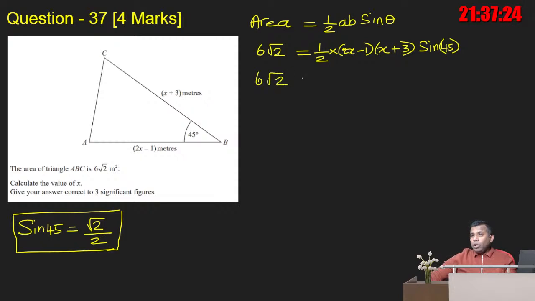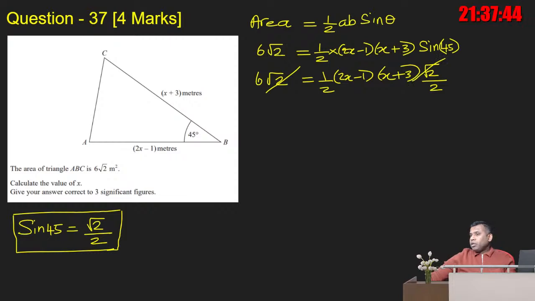6 root 2 equals half times (2x minus 1)(x plus 3), and sine 45 is root 2 over 2. Now what I'm going to do is cancel the root 2 with the root 2.